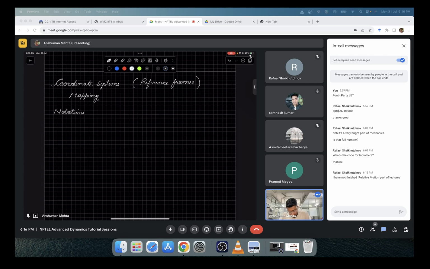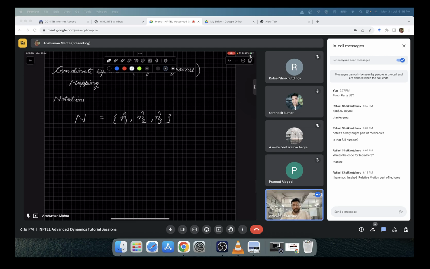Notations are, let's say we have a coordinate system such as n, and it is shown by 3 mutually independent vectors. Let's say we have another spherical coordinate system E, and it is given by unit vectors as this.